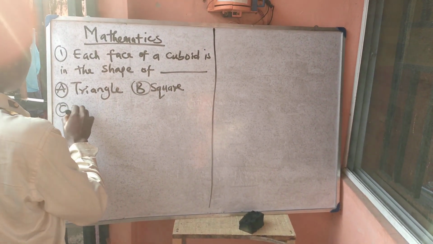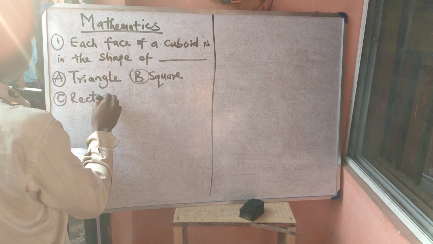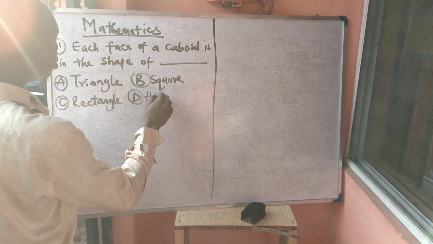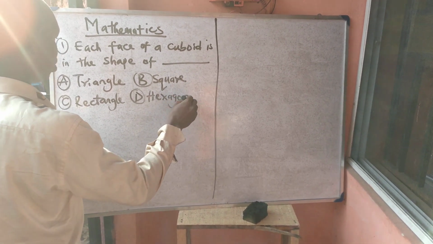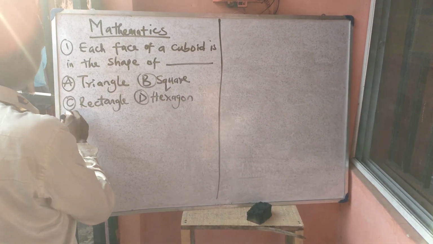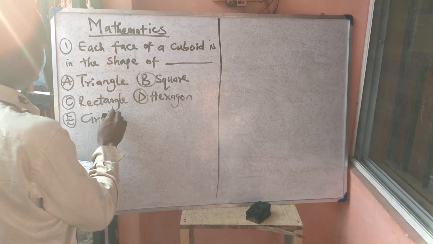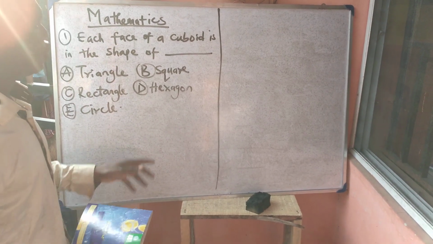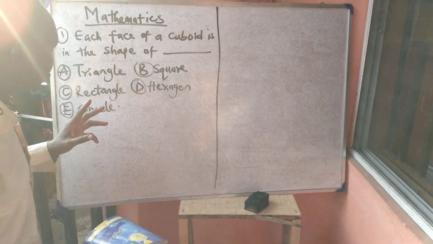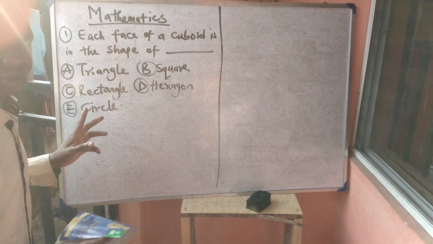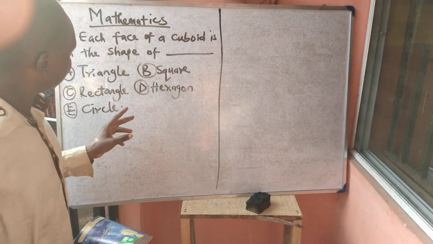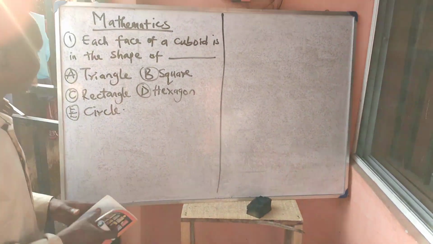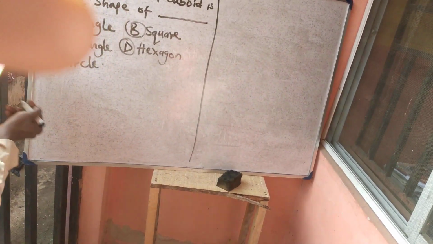C, rectangle. D, hexagon. And E, circle. Alright, now we'll look at the solution.